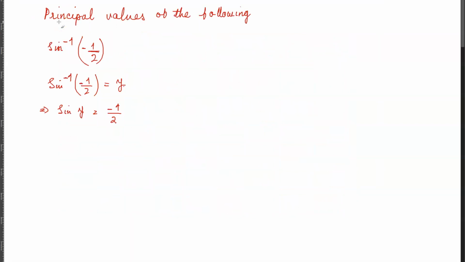Okay, so now what we wanted to do was to calculate the principal value of sine inverse of -1/2. So we set the sine inverse of -1/2 equal to y, which means that the sine of y is equal to -1/2.